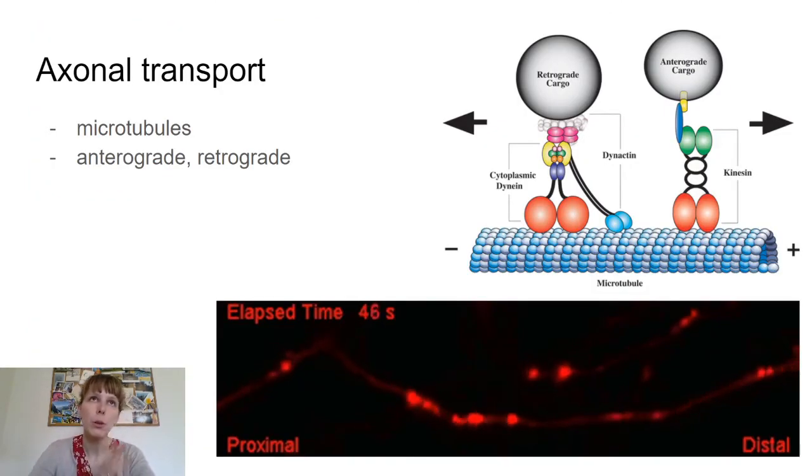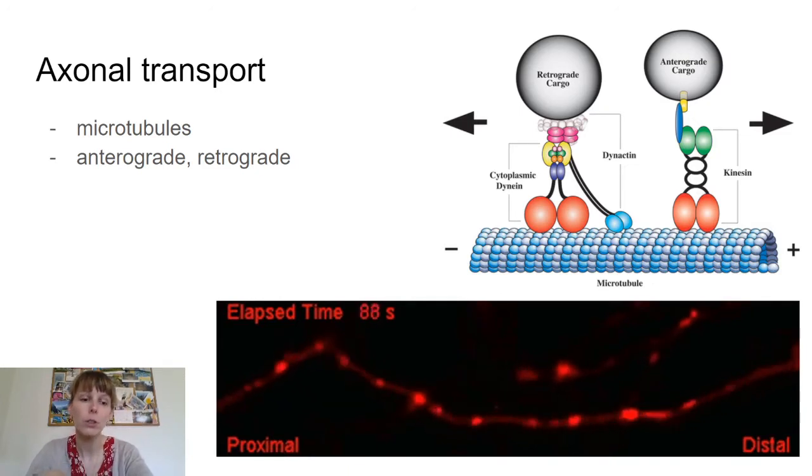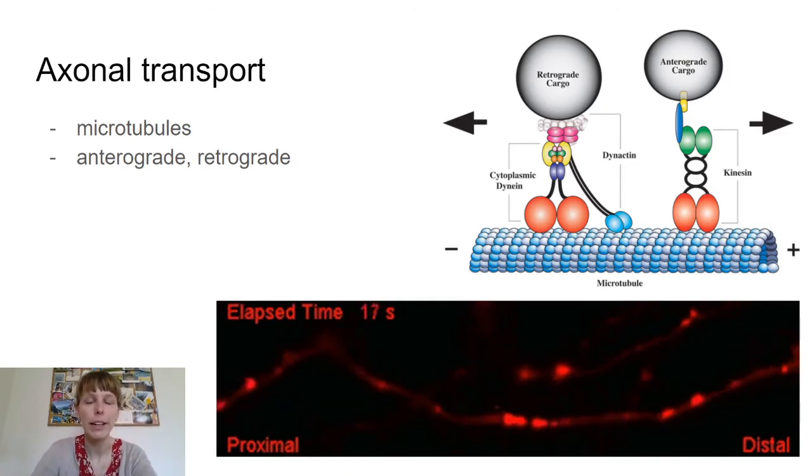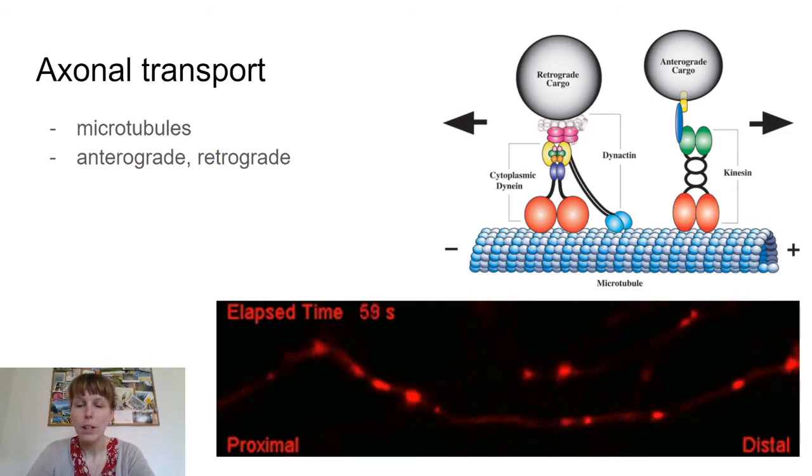If you think about the Golgi type 1 neuron, which is a projection neuron with a long axon traveling very far away, it needs to be able to work even though it's very far from the cell body.